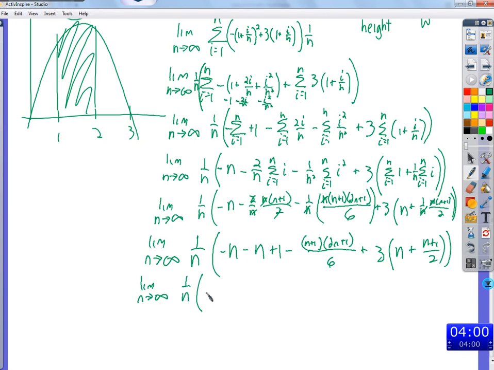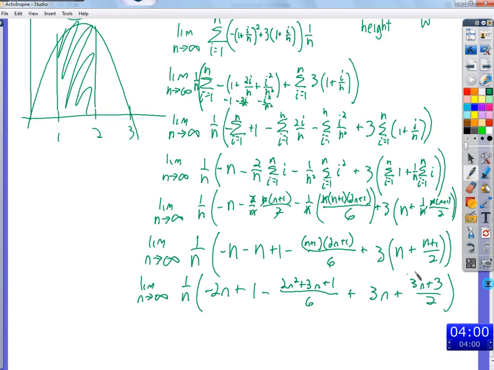Here, let's see, we've got negative 2n plus 1 minus, let's say 2n squared plus 3n plus 1, just multiplying these together, over 6, plus 3n plus 3 over 2, just distributing that 3 to everything there.